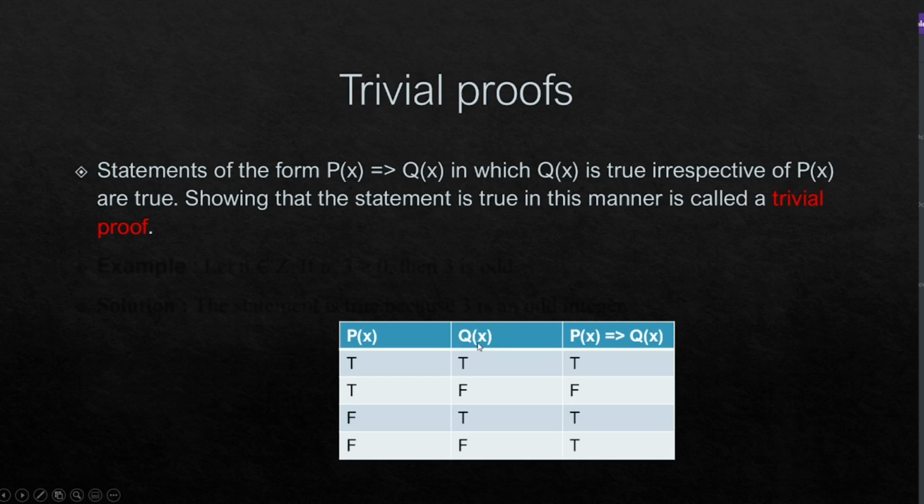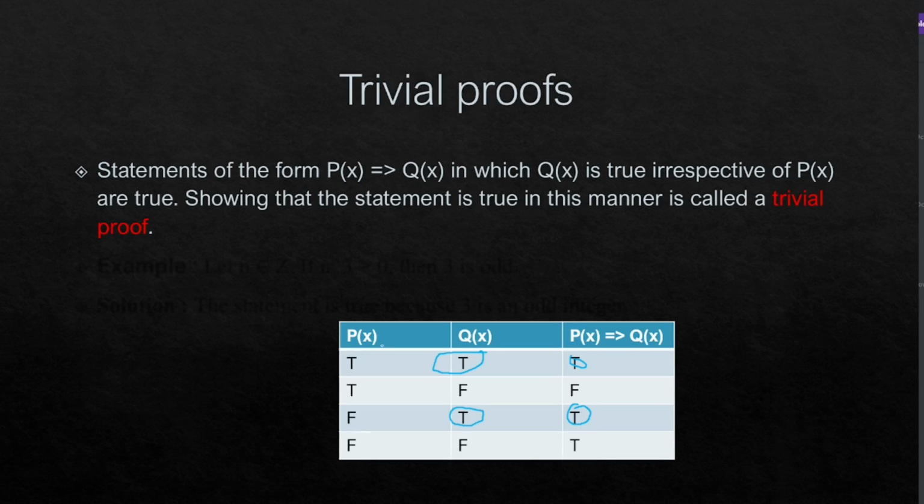It's impossible to combine Q of X being true with anything to result in a false statement, and this is irrespective of anything happening in P of X. So this is called the trivial proof.